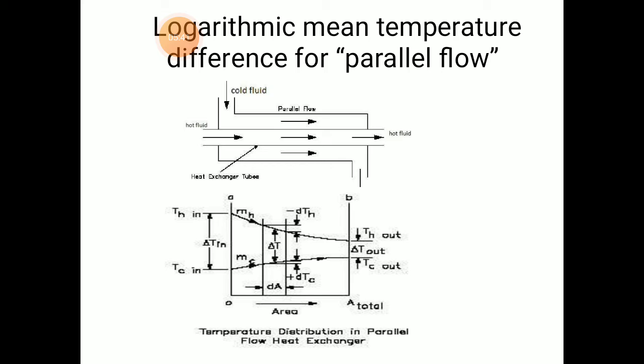Now consider a parallel flow double pipe heat exchanger as shown in figure. Let's say the temperature difference theta between hot and cold fluid is large at inlet of heat exchanger, and it decreases exponentially.